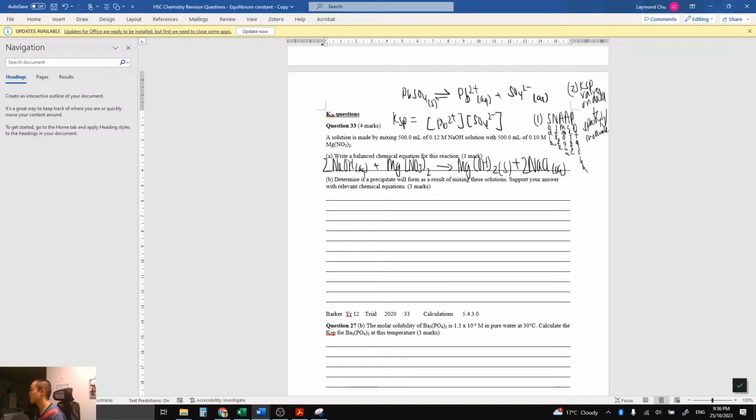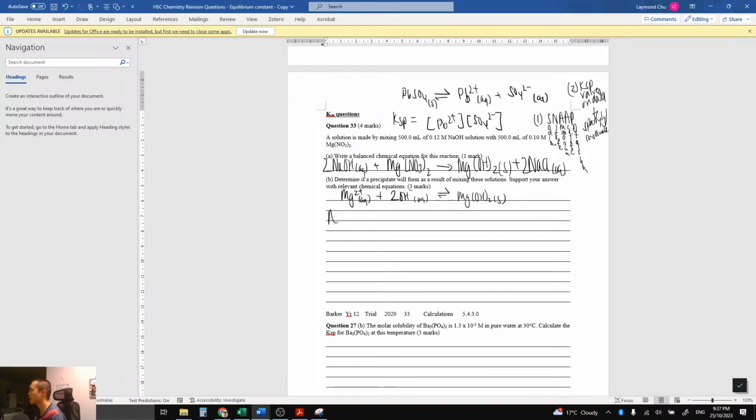B. Determine if a precipitate will form as a result of mixing these solutions. Support your answer with relevant chemical equations. So the relevant chemical equation is Mg2+ plus 2OH- aqueous in equilibrium with our Mg(OH)2 solid.